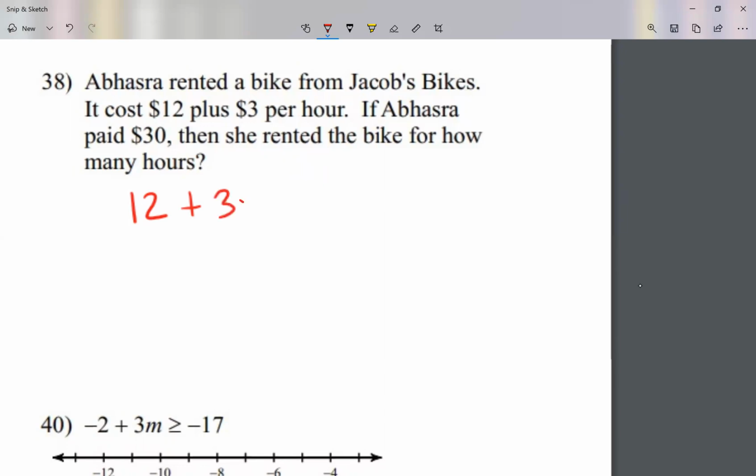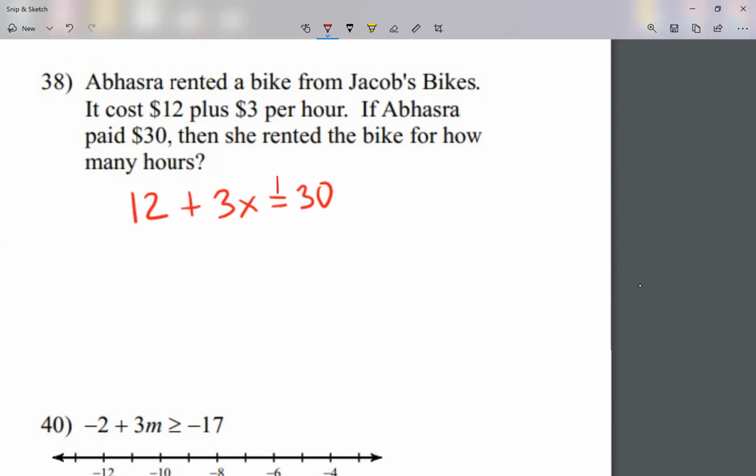Let me write 3 times x, because I don't know how many hours she is going to rent the bike. Now, if she paid $30, so the whole bill came out to $30, then she rented the bike for how many hours?